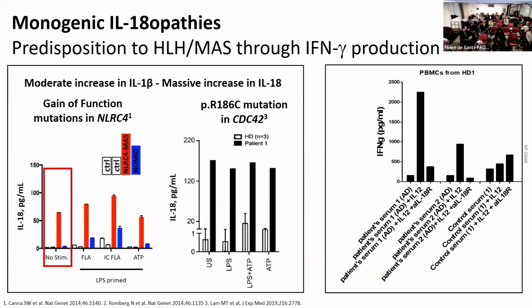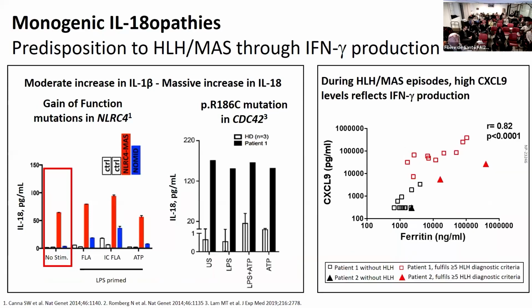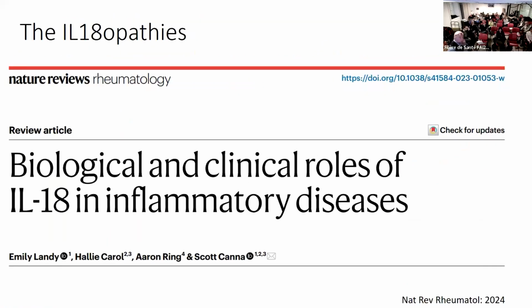IL-18 is known to induce interferon gamma. If you measure ferritin in these patients and then look at CXCL9 levels, which is a proxy of interferon gamma production, there is a tight correlation showing that a lot of IL-18 induces activation of interferon gamma, and in turn this increases the biomarker of MAS, which is ferritin.